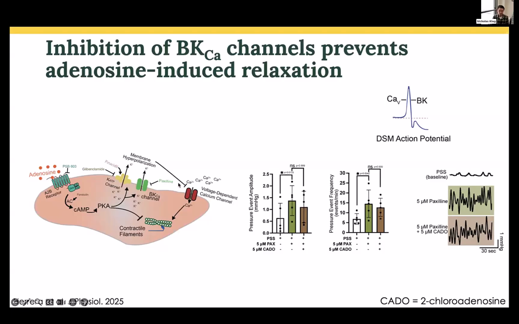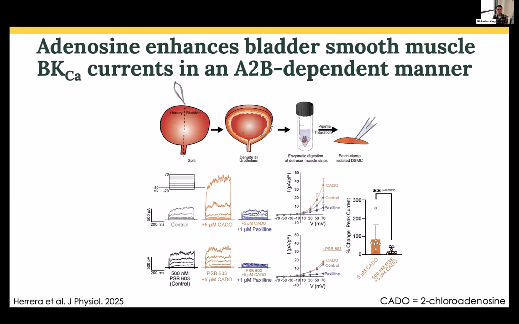So this gave us the suggestion that maybe the BK channel is what's being activated by PKA downstream of adenosine, but this is pretty artificially enhanced because we're messing with the action potential of the smooth muscle cell. So then we turned to using electrophysiology to see what the effects of adenosine are on whole cell currents, in particular the BK channel.